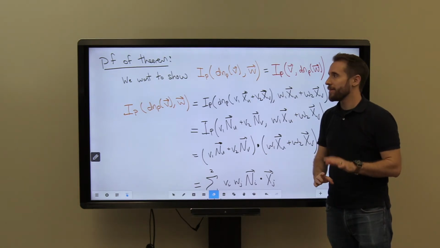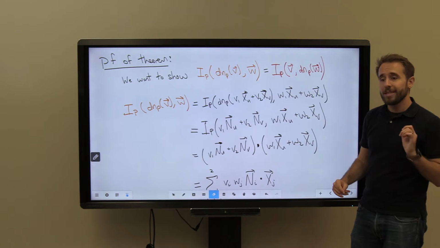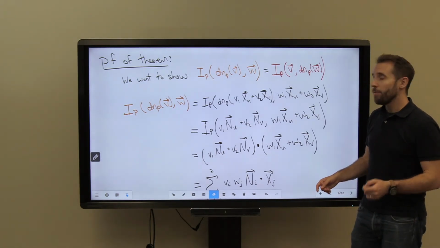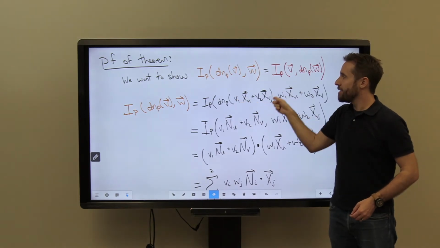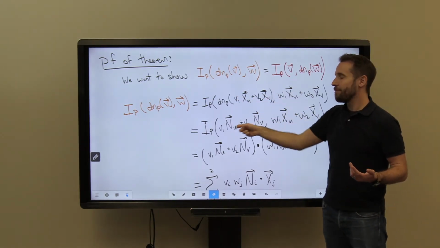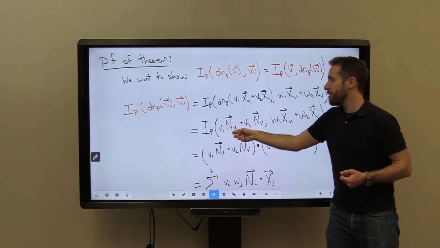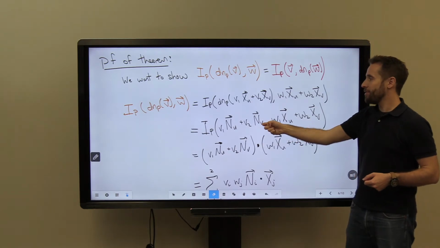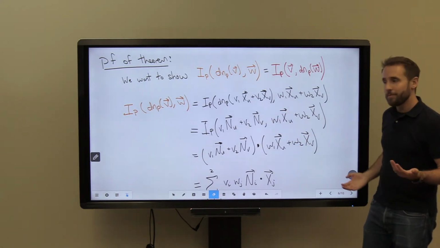Furthermore, not something that we explicitly showed in these videos, but worth noting, the differential is a linear function, which means that I can apply the differential to this linear combination of x sub u's and x sub v's and break it up linearly. So this differential is just going to be v1 n sub u plus v2 n sub v, and the right-hand side hasn't changed at all.